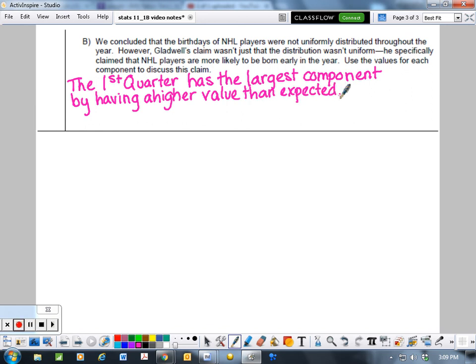Now, the fourth quarter has the second largest component, by having a lower value than expected.